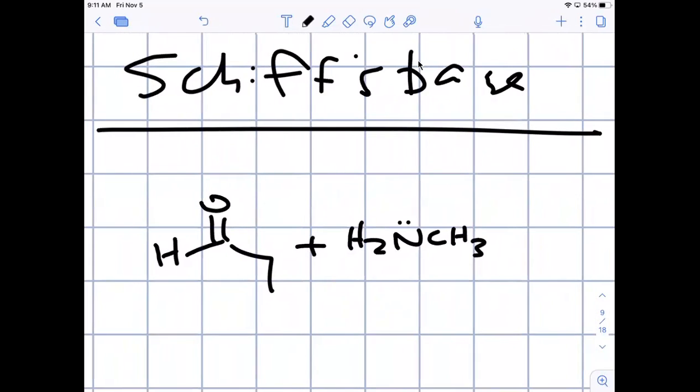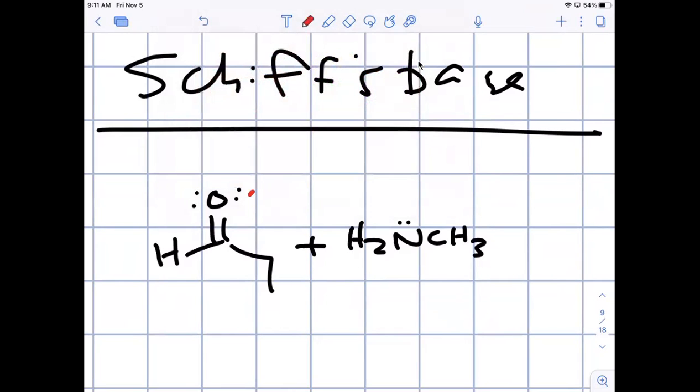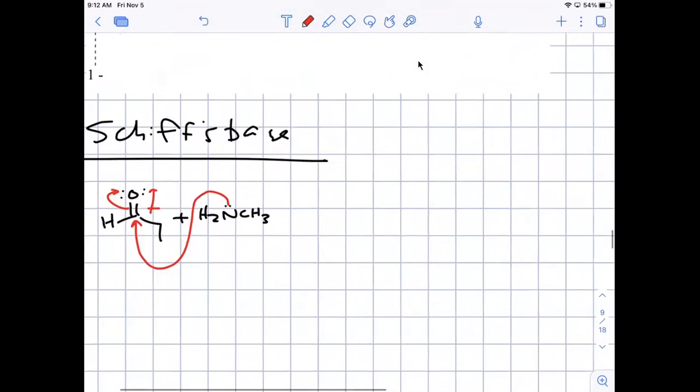All of these carbonyl reactions have something in common. Again, I can't repeat this enough. Anytime you add a nucleophile to a carbonyl, and the amine can be a nucleophile or a base, it's going to attack at the carbonyl carbon because of the dipole. So this is going to attack like that, and you're going to break the carbon-oxygen pi bond. What type of intermediate do I get when I attack a carbonyl? An enolate? No, not an enolate. That's a different reaction.